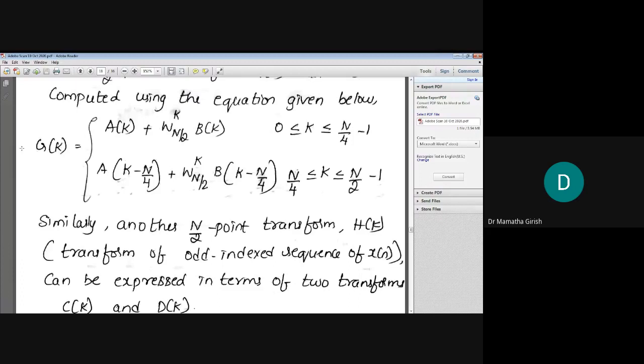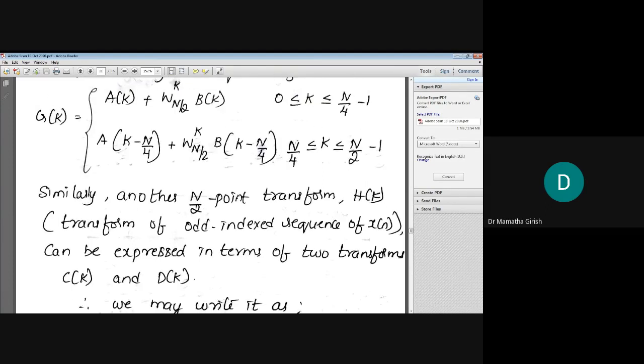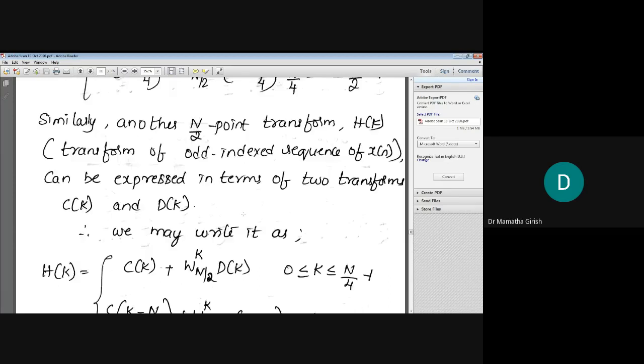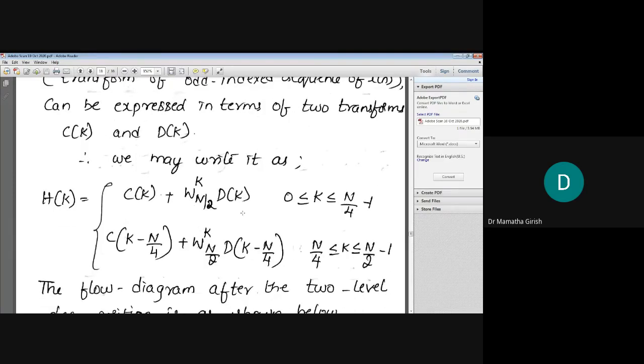Like how we have done for G of k, representing it in terms of A of k and B of k, follow the same procedure for H of k. In the exam also, if they ask this derivation, there is no need to show all the steps for H of k. Show only for G of k, write it as similarly for H of k, and just write the final equation.